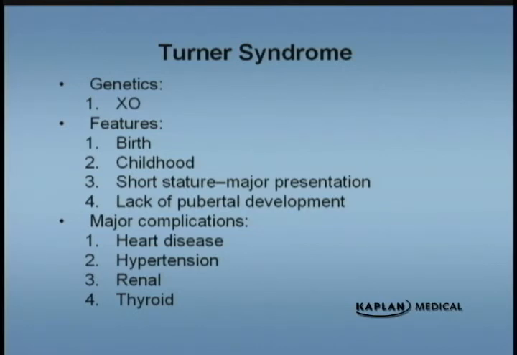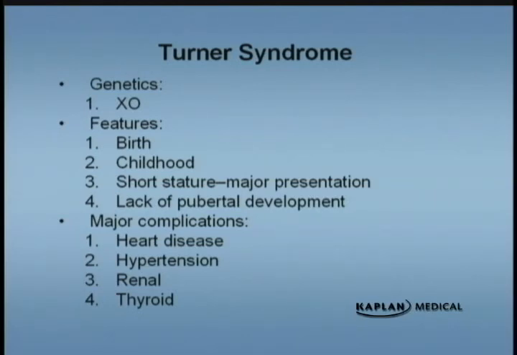At birth, these patients can present with a lot of lymphedema, and you will see that they're actually puffy hands and feet, and sometimes progressing upwards, up the legs, and even into the genital area. When they're children, you will see the characteristic wide-spaced nipples, the multiple nevi, and you'll see the pterygium coli, which is like the web neck, the low posterior hairline. You will notice all these factors as the child grows up.